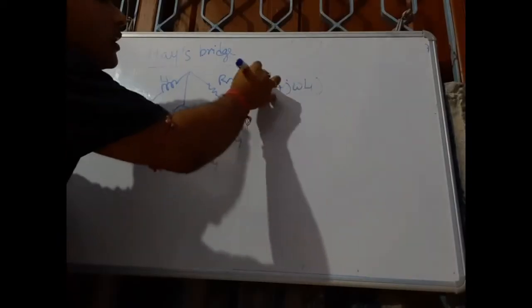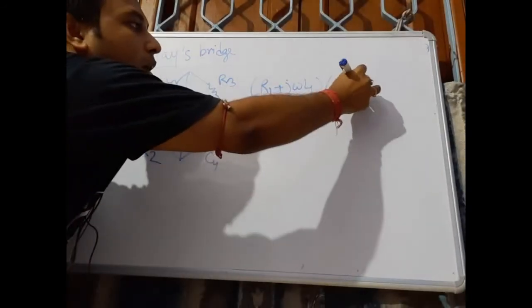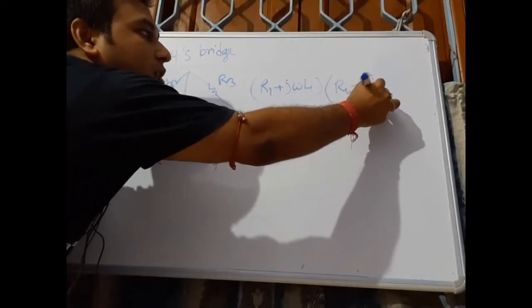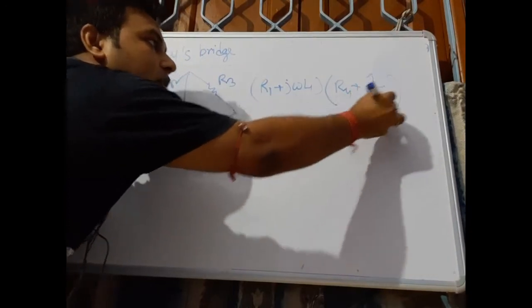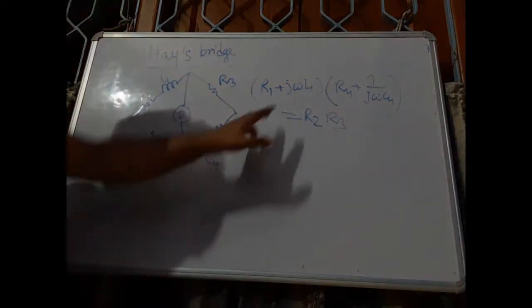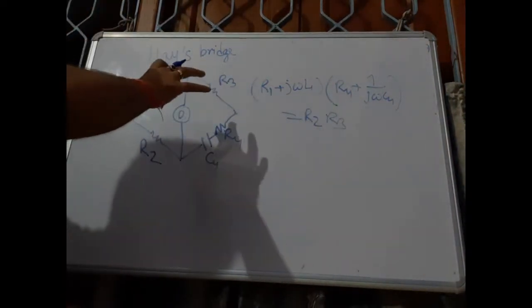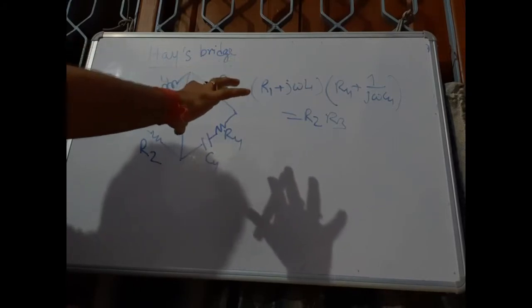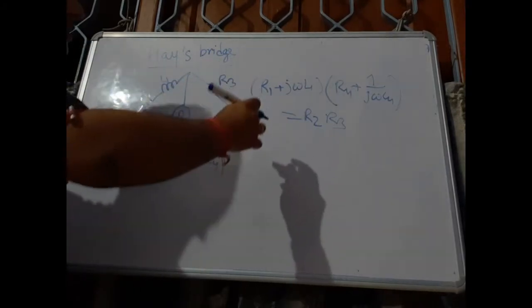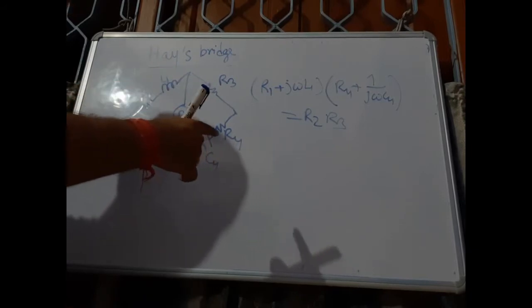omega L1 into R4 plus 1 by j omega C4, and that is equal to R2 R3. Here if I calculate, I can separate the real part and imaginary part.